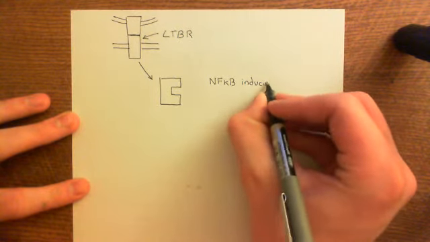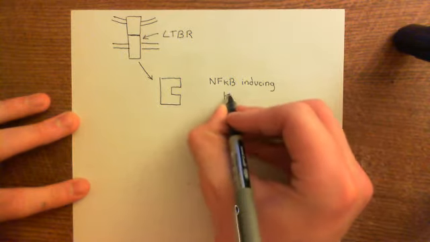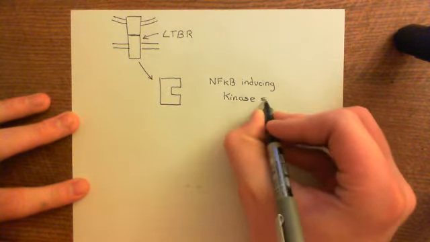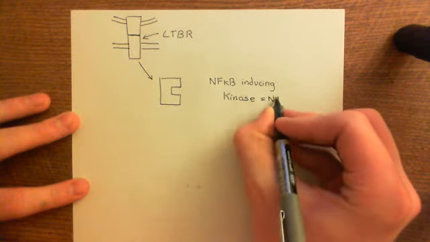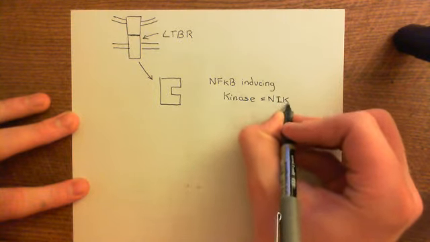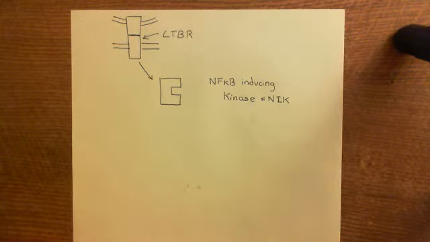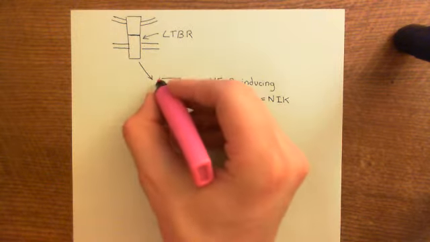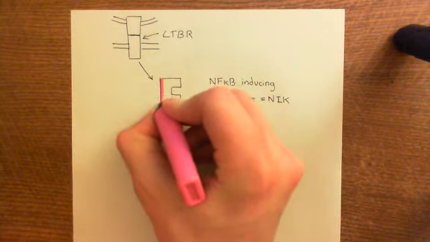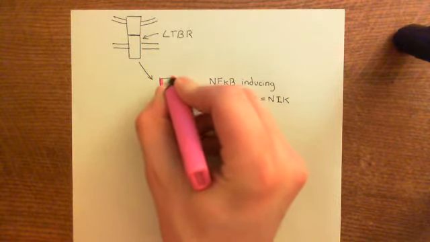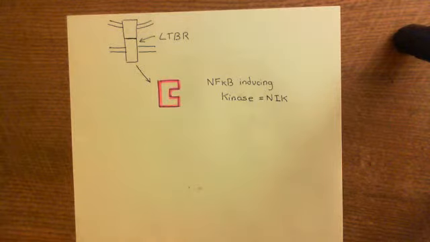Okay, and for short, that's often abbreviated to NIK, N-I-K. So you take the N from NF-kappa B, the I from inducing, and the K from kinase, and get NIK. Okay, so this enzyme is going to be activated by the lymphotoxin beta receptor once it's got lymphotoxin beta bound to it.